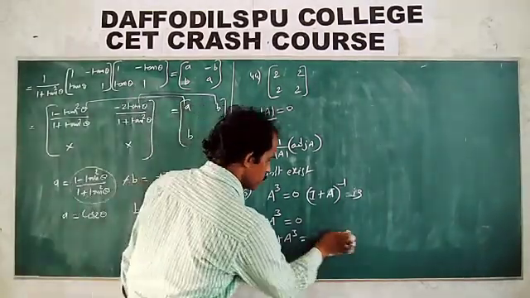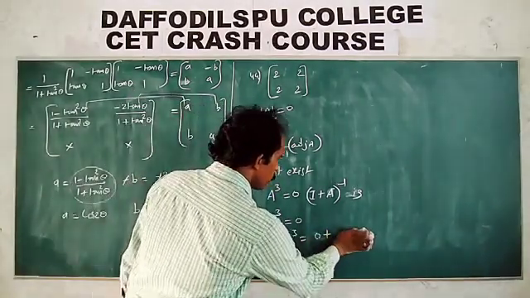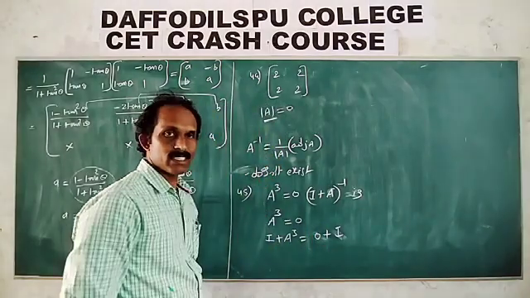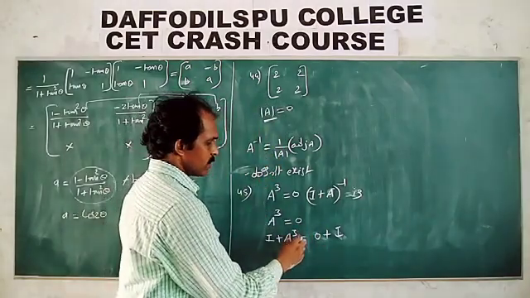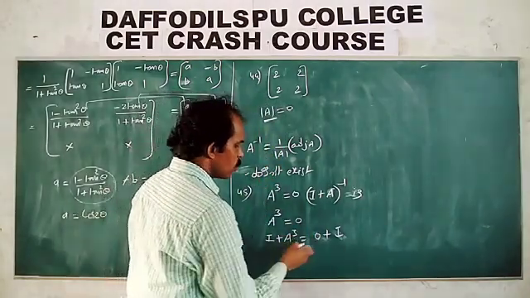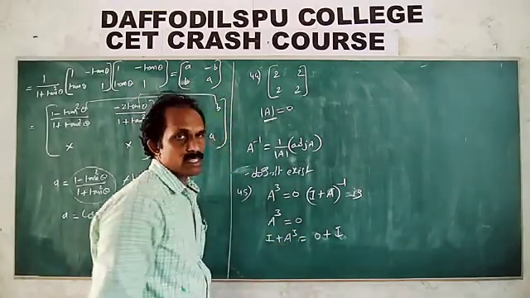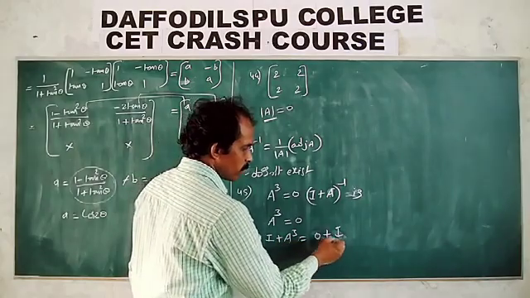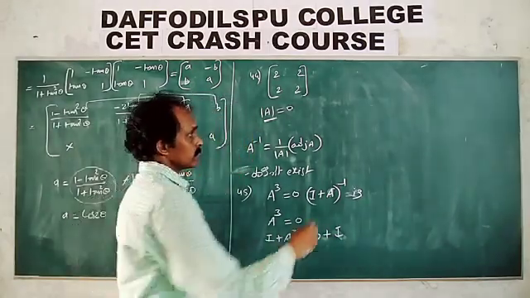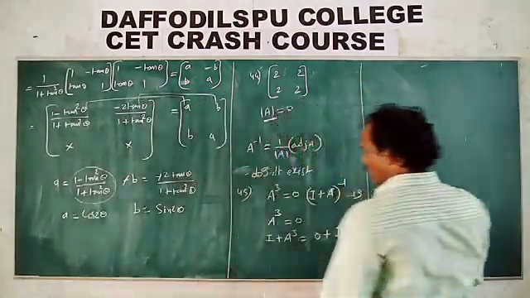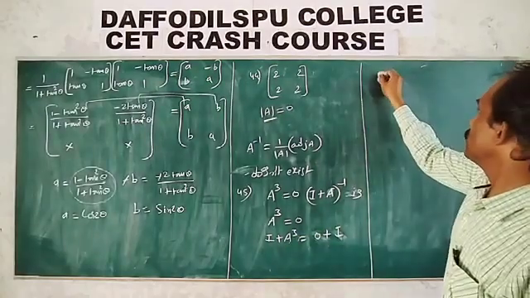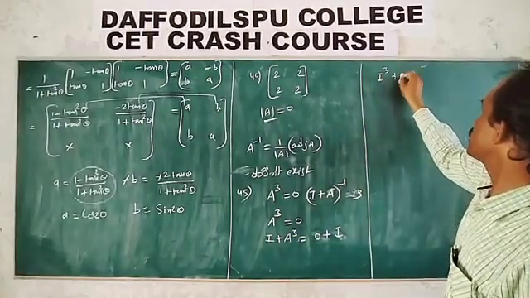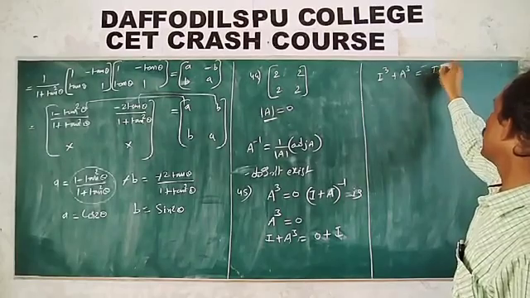I plus A cube is equal to 0 plus I. Write it like this: I cube plus A cube is equal to I.